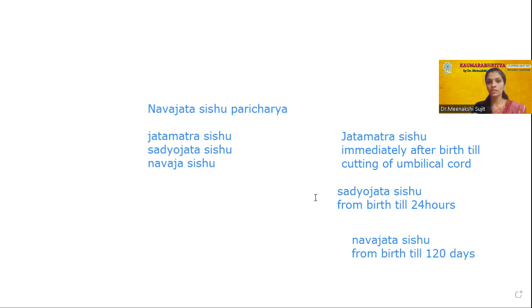So in this session, in this part 1, we are going to see the first one, that is Jatamatra Shishu and its procedures.